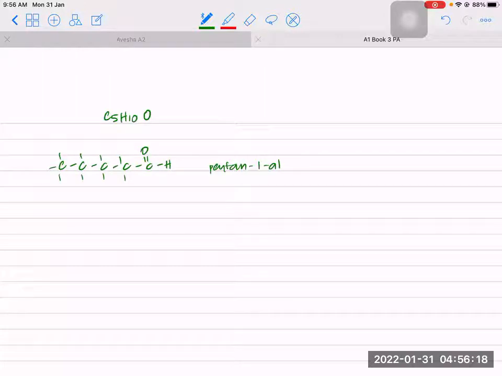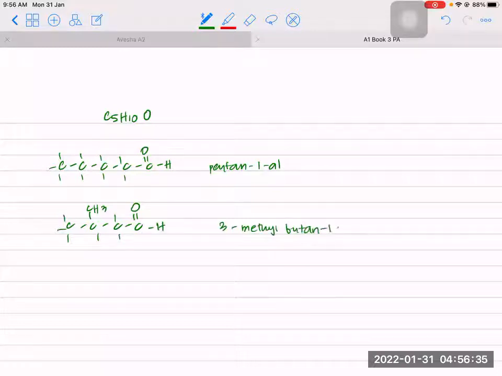Yes. Then you shorten the chain. Make a chain. You can't change the position of the aldehyde. It will always be carbon number 1. You put this CH3 here. This is what? 3-methylbutanal. You can also have what? A 2-methylbutanal.